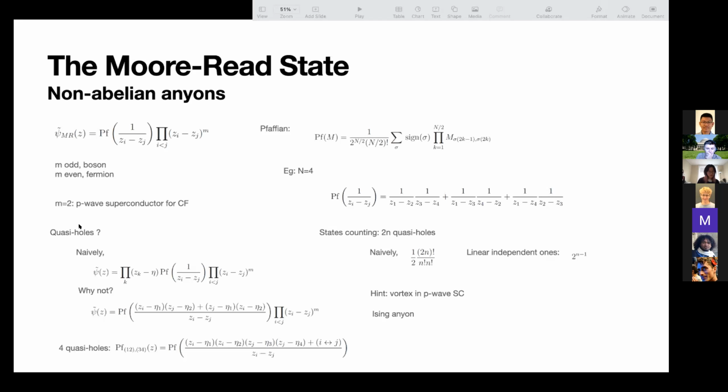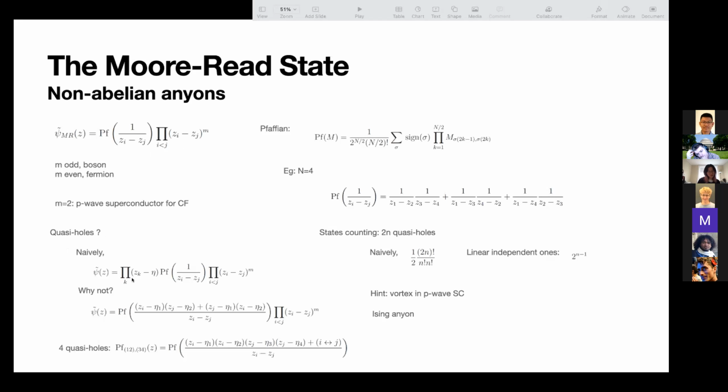So we can also consider the quasi-holes for this wave function. Naively, we will just include this prefactor in front of the Pfaffian for one quasi-hole. But why not do this?